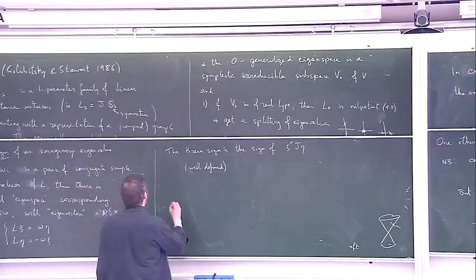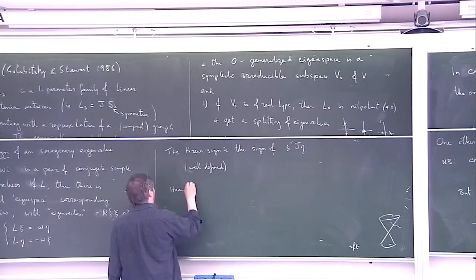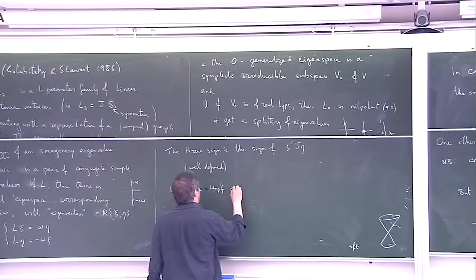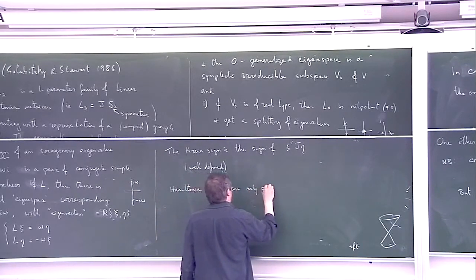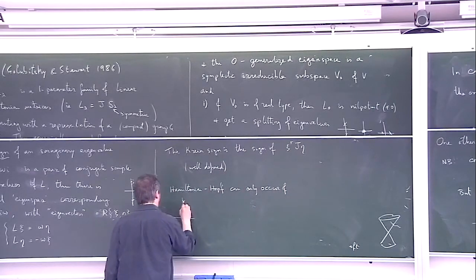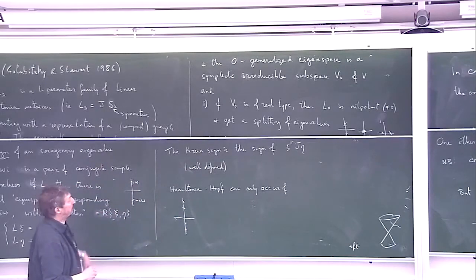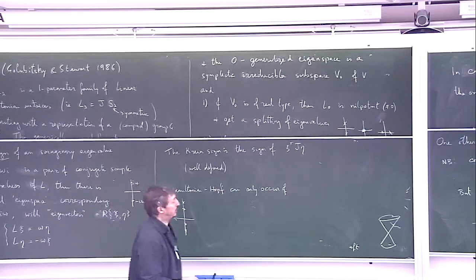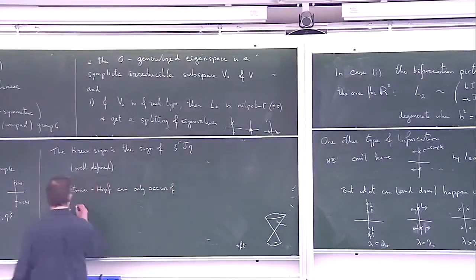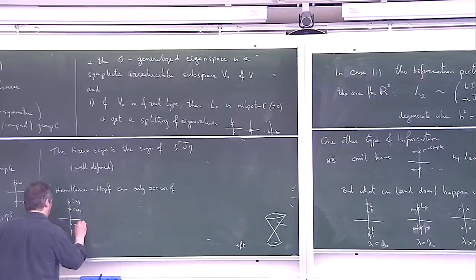The Hamiltonian Hopf bifurcation can only occur if, so we have at the beginning, where's it gone? Over here. We have two separate imaginary eigenvalues, so let's call them i omega 1 and i omega 2.